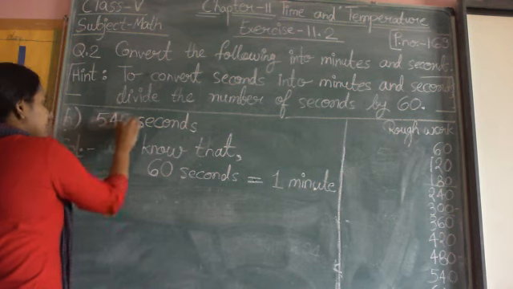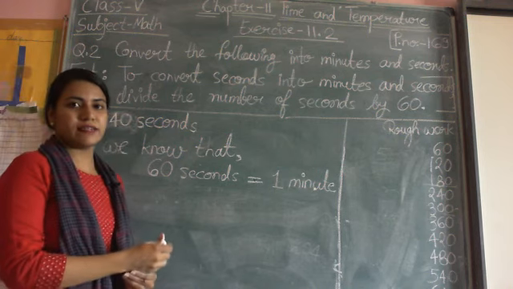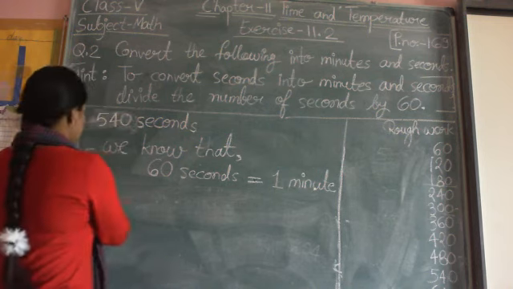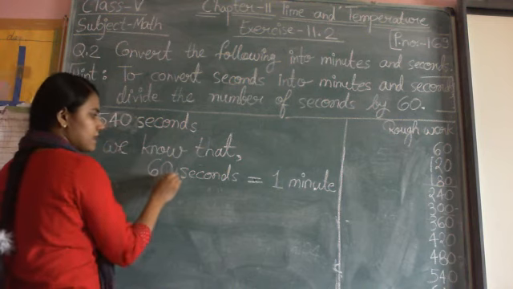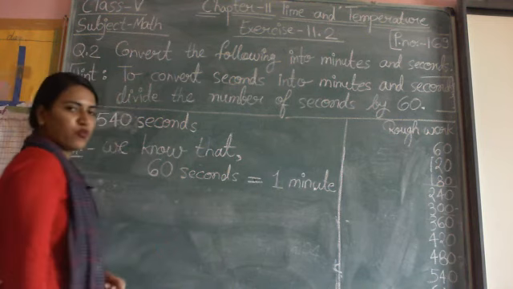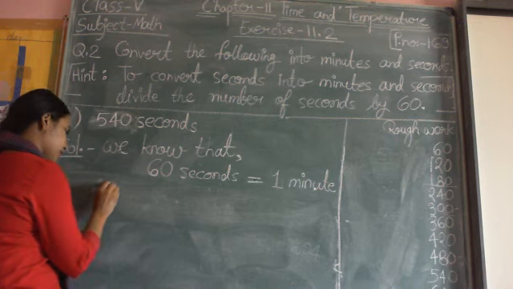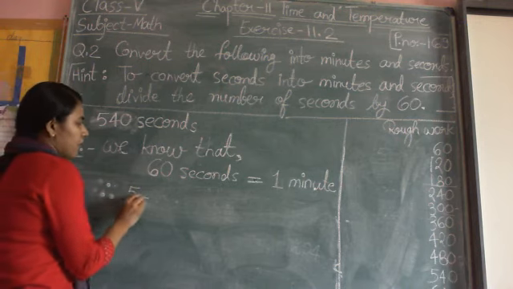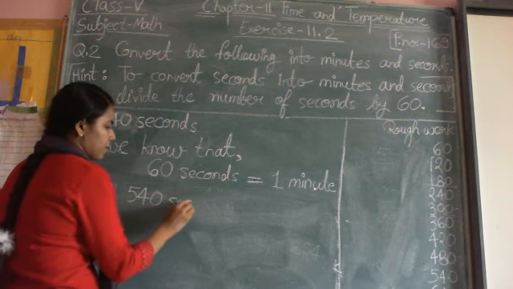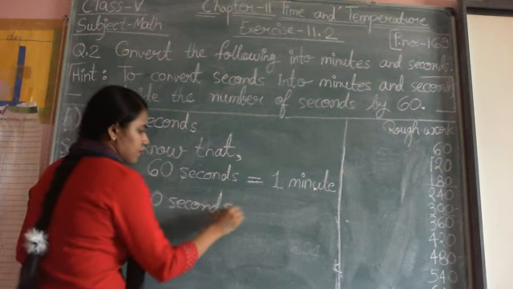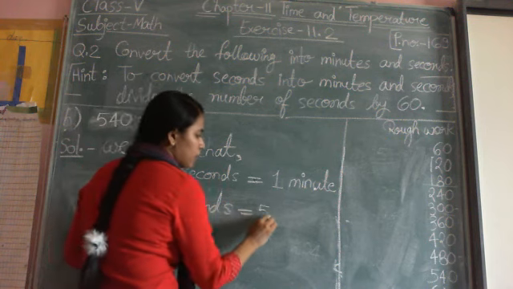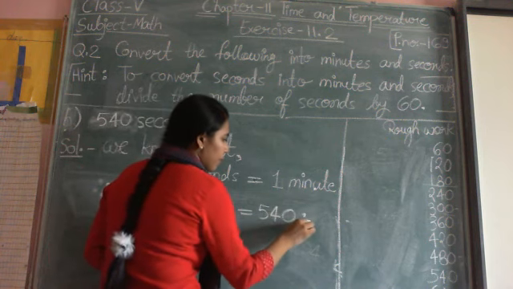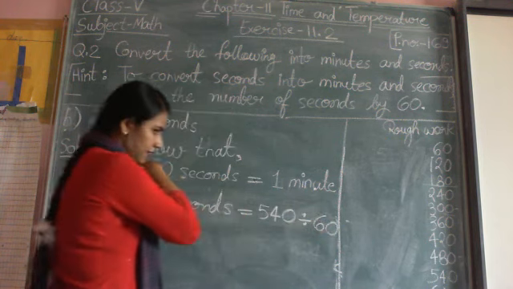Now we will convert these 540 seconds into minutes and seconds. So in the solution, we know that 60 seconds is equal to 1 minute. In the next line, therefore, 540 seconds is equal to 540 divided by 60, right?